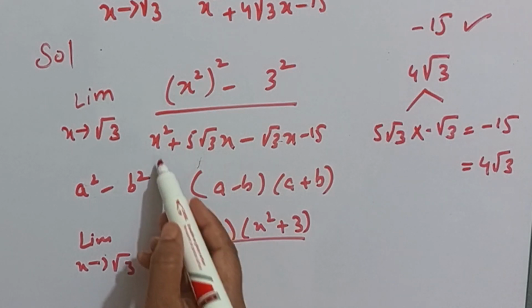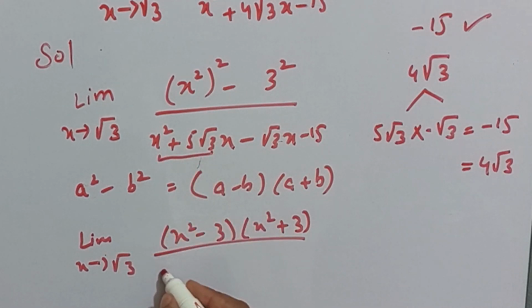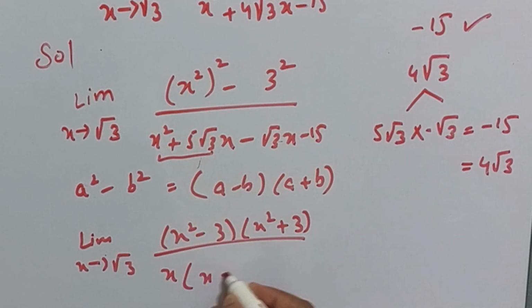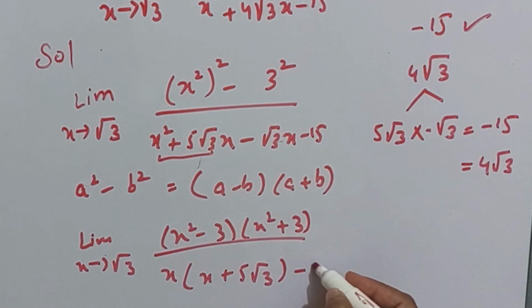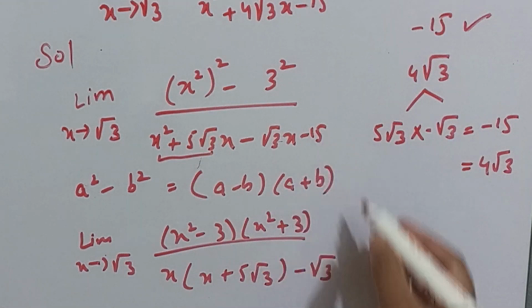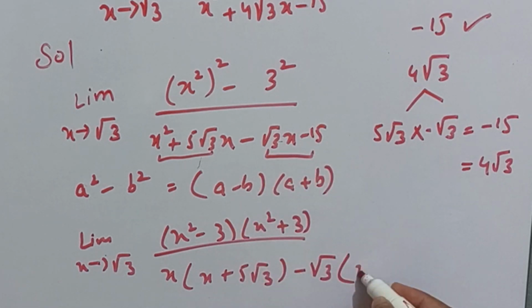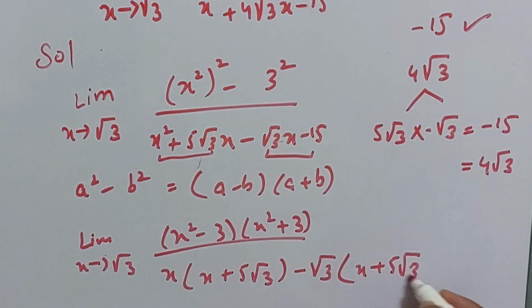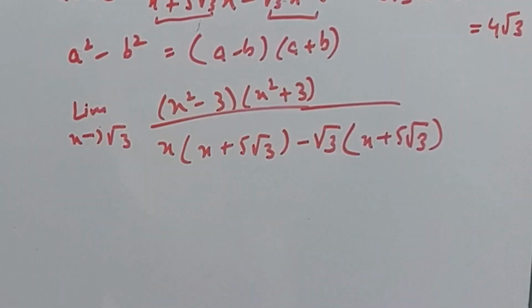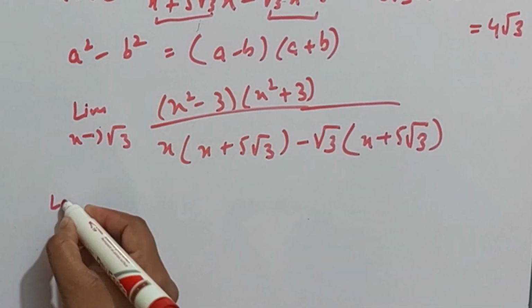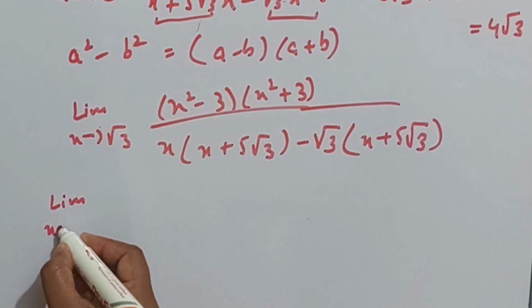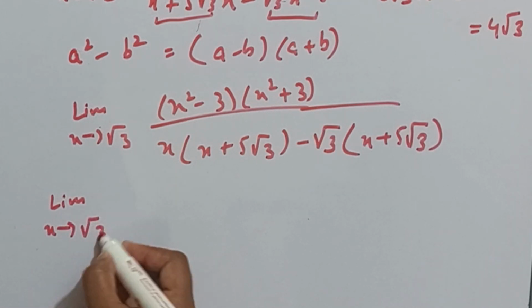Look at the denominator. In the first two terms, x is involved, so we factor out x, and the remaining is x plus 5 times square root 3. Minus square root 3 is involved in the last two terms, and the remaining value becomes x plus 5 times square root 3. So this is the limit as x approaches square root 3.